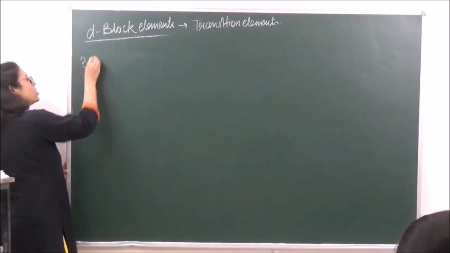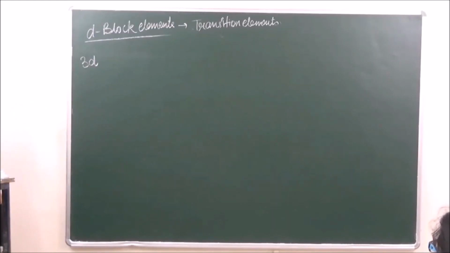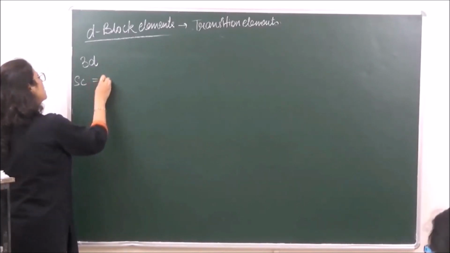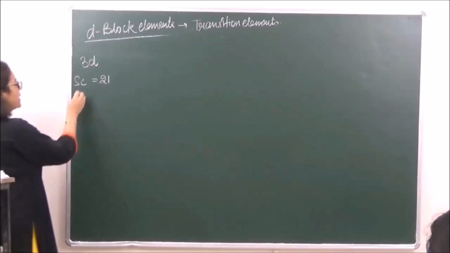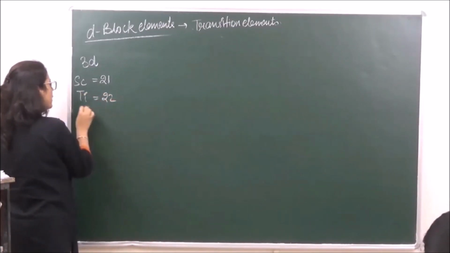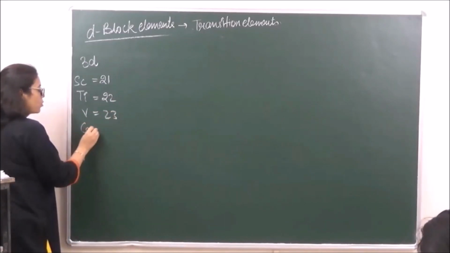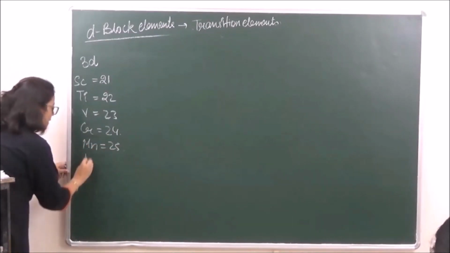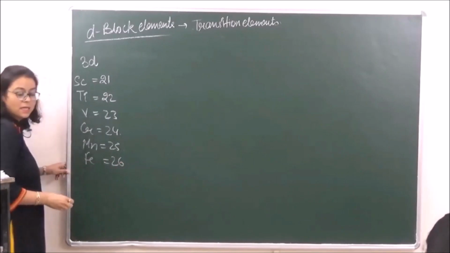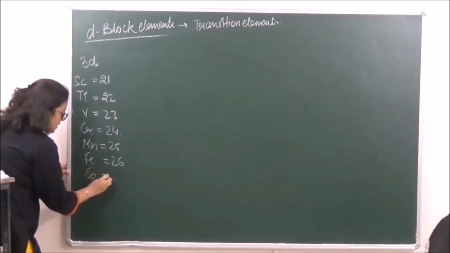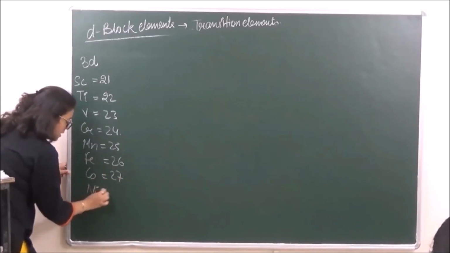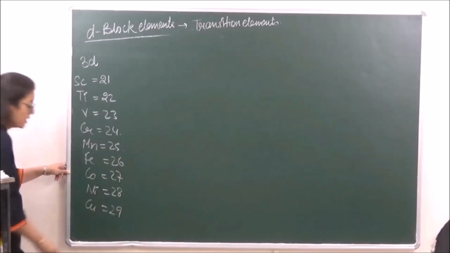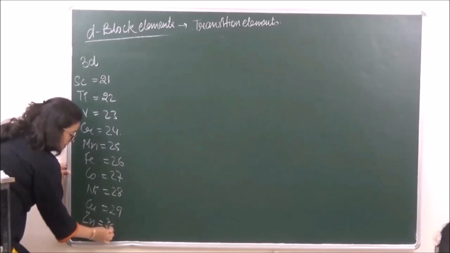The first series, in which 3d is progressively filled, is known as the 3d series, and the members of the 3d series start from scandium with atomic number 21, then titanium 22, vanadium 23, chromium 24, manganese 25, iron 26, then cobalt 27, nickel 28, copper 29, and zinc, which is 30.